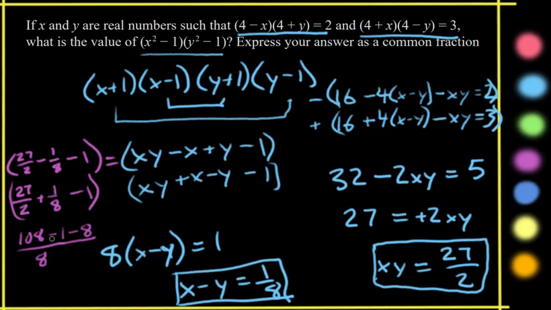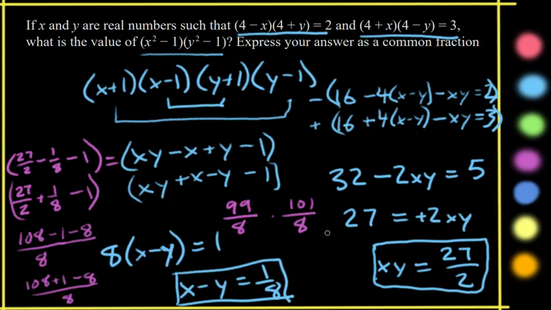And then the other one will be 108 plus 1 minus 8 over 8. So what is that? 108 minus 1 minus 8 is going to be 99 over 8. And then this one is going to be 101 over 8. Okay, so we got this 101 times 99.